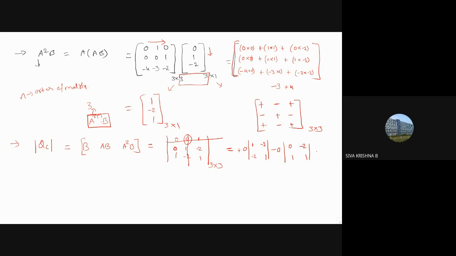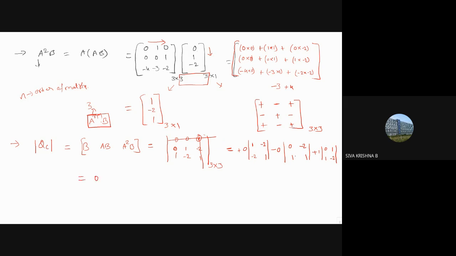Next element is plus. So for this it is plus. Now I am considering this element, so this row and this column get removed. The remaining elements are 0, 1, 1 and -2. Now if you take the determinant of that one, 0 into anything is 0.